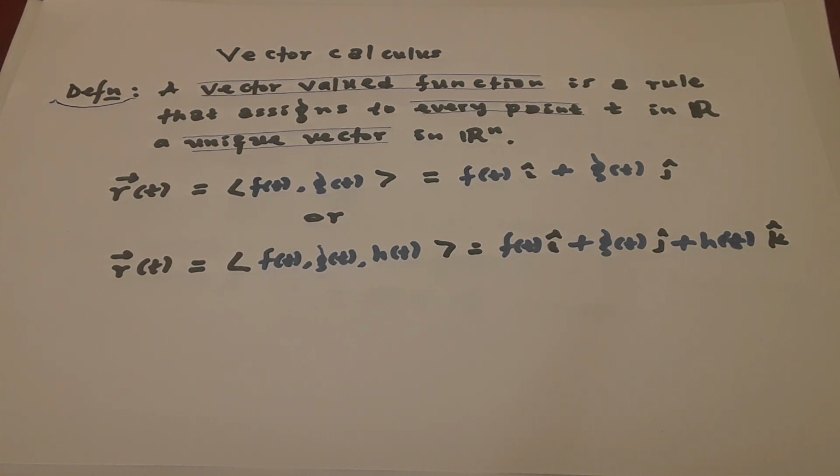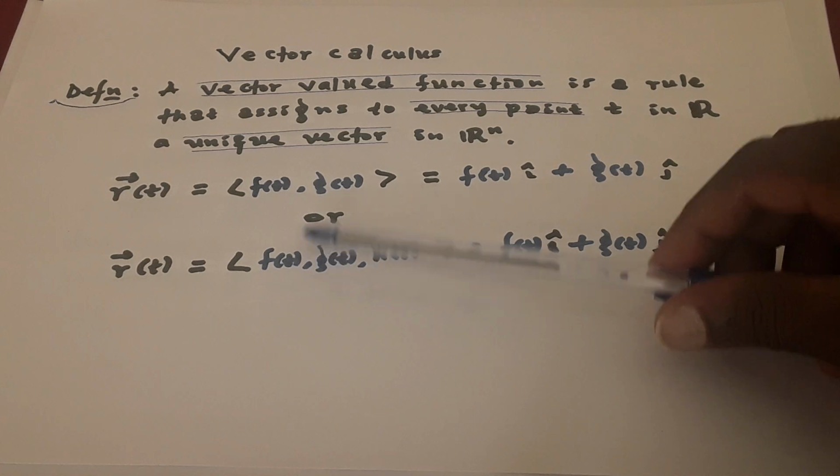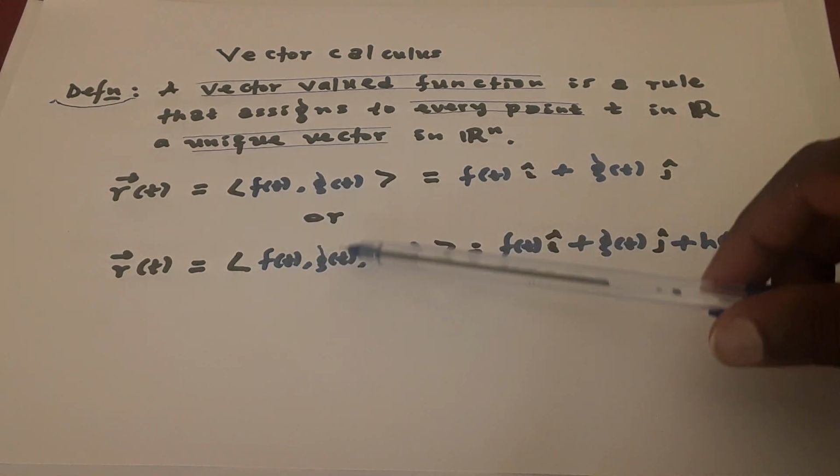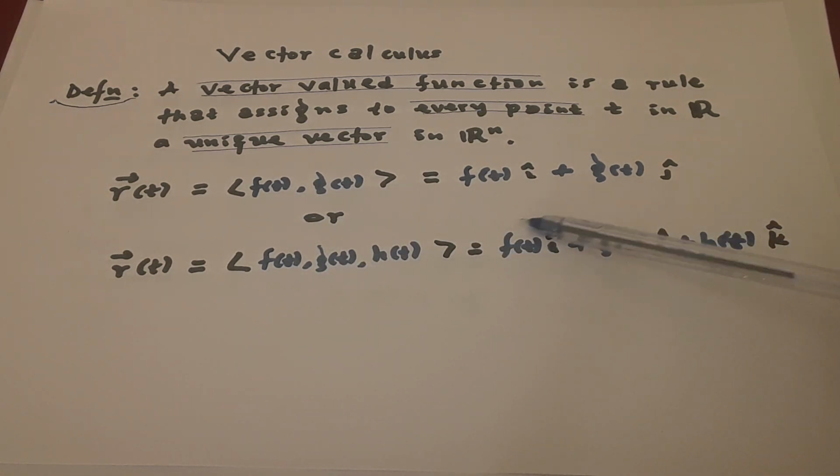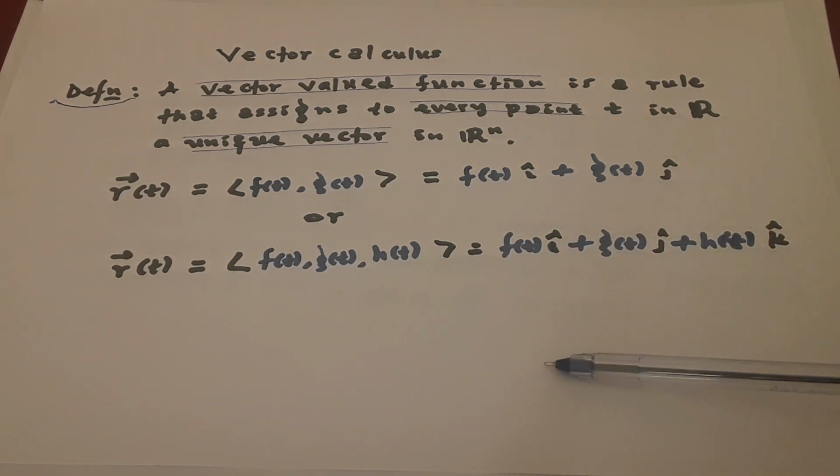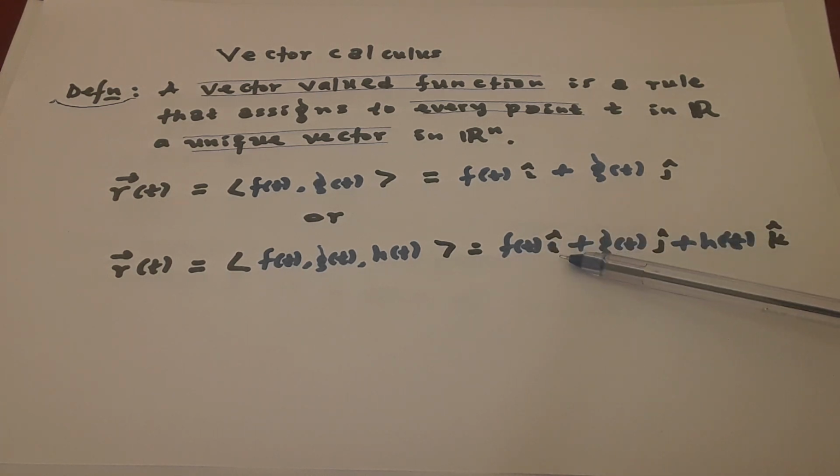So it's a function whose domain is the set of real numbers, and whose range is a set of vectors. Whichever you're playing with, either in 2 or 3 dimensions, it returns a vector valued function in both cases.